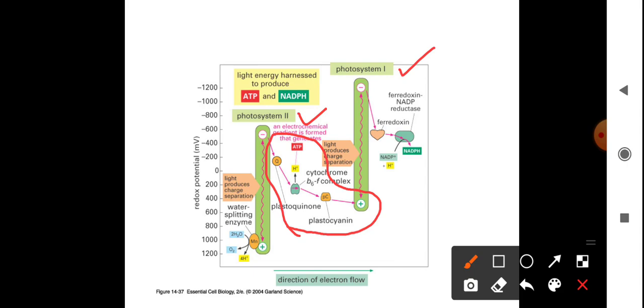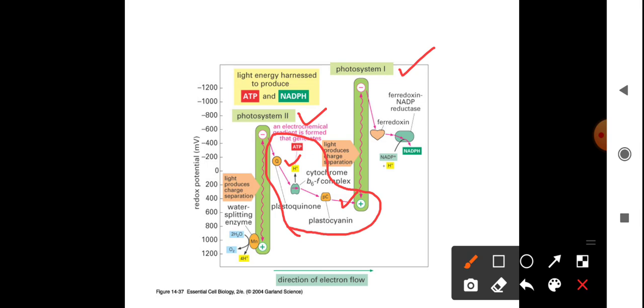From photosystem 2, the electron is first handed over to an electron carrier named plastoquinone. Then through cytochrome it is transferred to the next electron carrier, known as plastocyanin, and from plastocyanin this electron is transferred to photosystem 1.